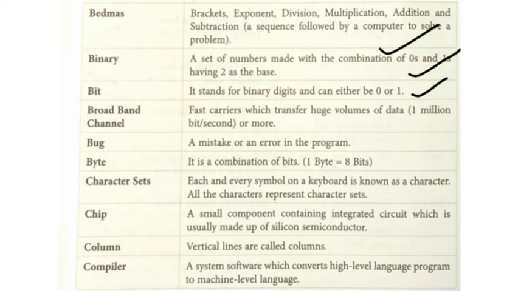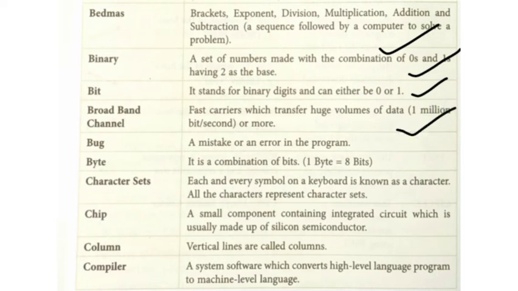This is a type of internet connection which gives you a fast carrier where your information transfers in huge volume, such as 1 million bits per second and more than this.